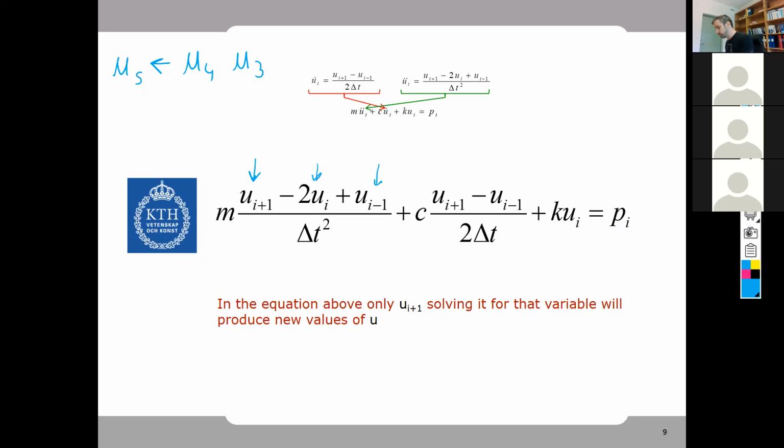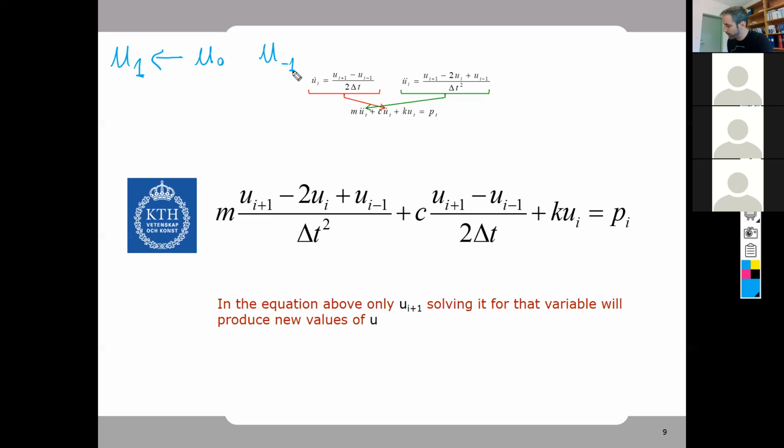But what do we do to calculate U1? So the first value that we calculate. Well, for that we would need U0 and U minus 1. And there is no U minus 1, of course. We're just starting our calculation.